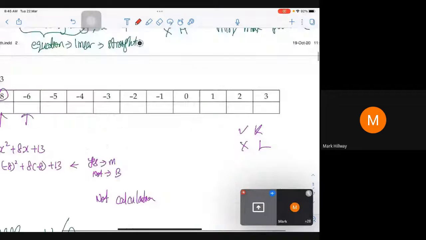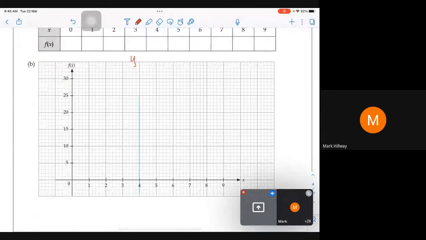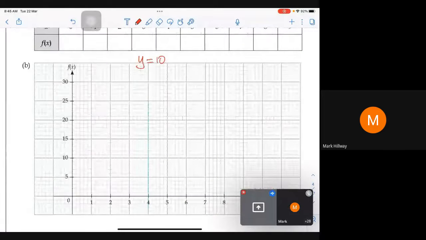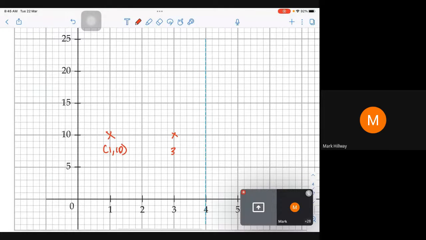Now, let's say I use another one. If I want to find y equal to 10, okay, let's say I plot this one. The coordinate for this one is 1, 10. This one is 3, 10. This one is 5, 10. And we compare the x and y. Which value never changes? x or y? Yes. And 10 is the value for y.